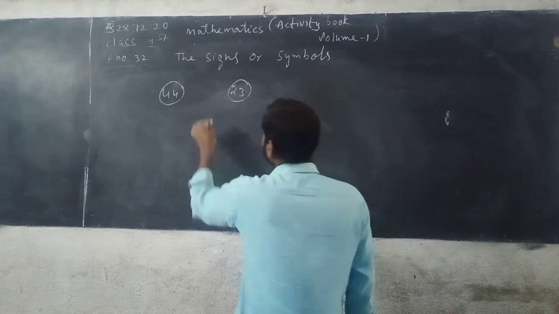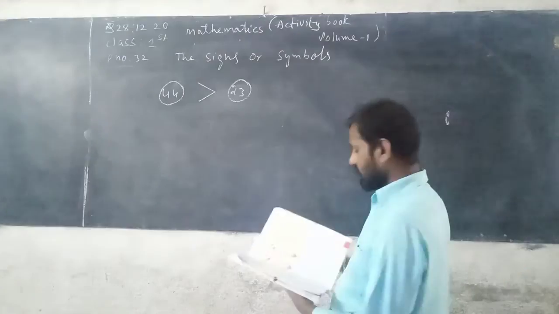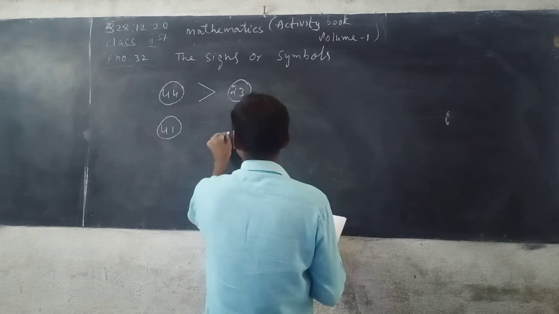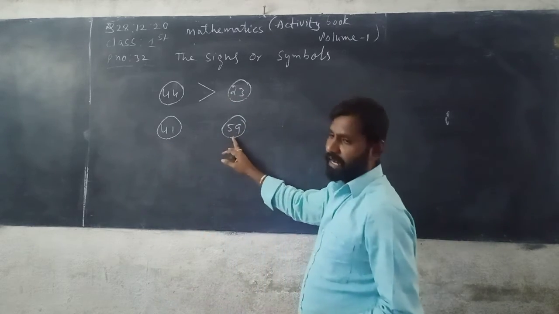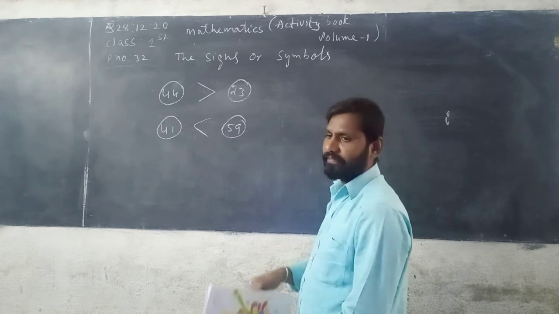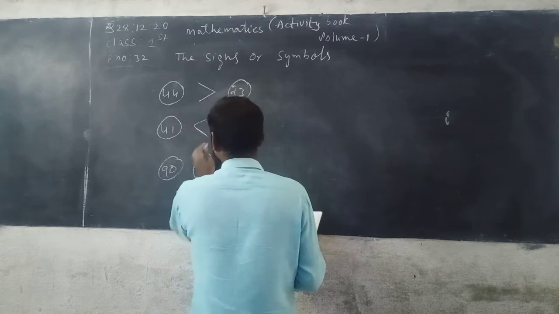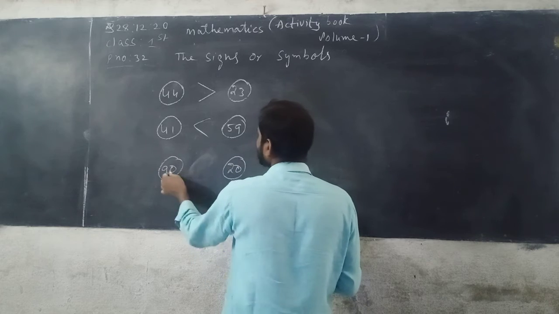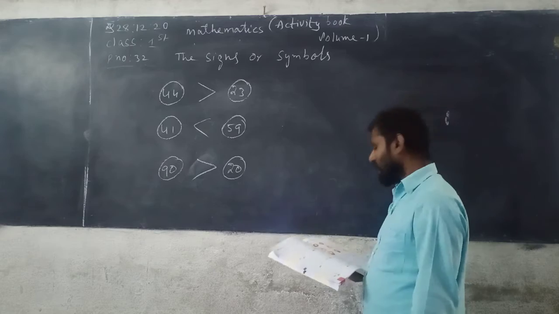Then you can use here the greater than symbol. 44 is greater than 23. 41 and 59. See, 41 is the smaller number than 59. Then you can use here the less than symbol. 41 is less than 59. So 90 and 20. 90 is the bigger number than 20. Then you can use here the greater than symbol. 90 is greater than 20.